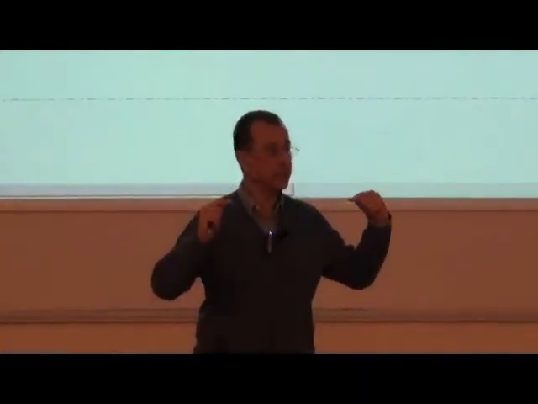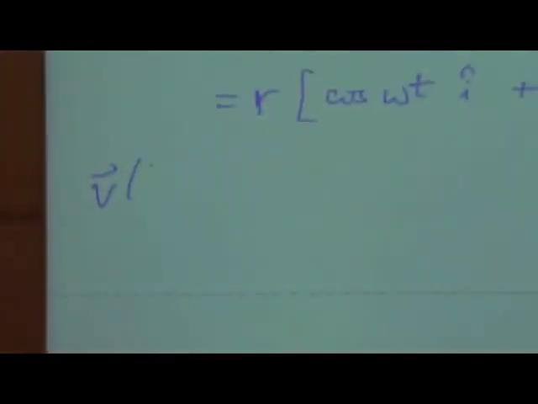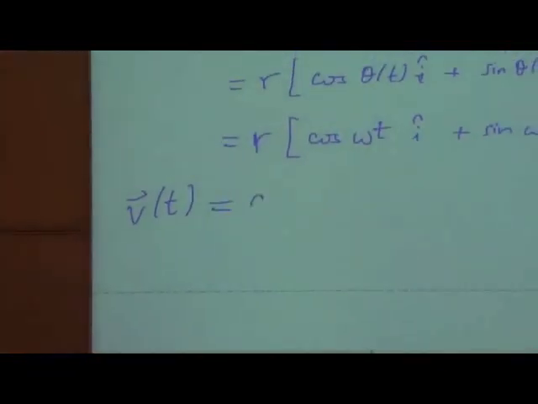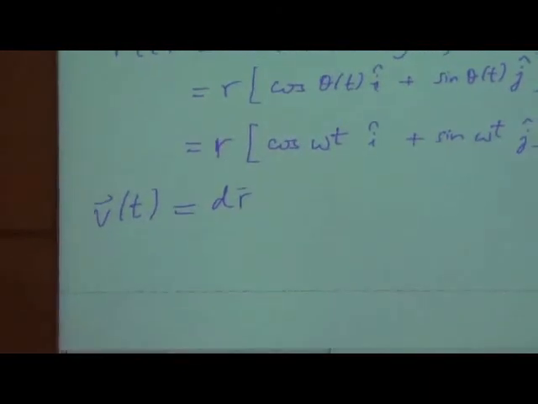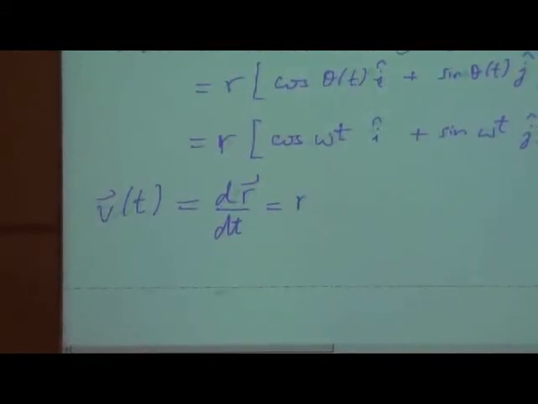Now I can go one step further. For uniform circular motion, I know exactly how theta changes as a function of time. Let me put that in also. R is a constant, just the radius of this circle, and I have here cosine omega t plus sine omega t.